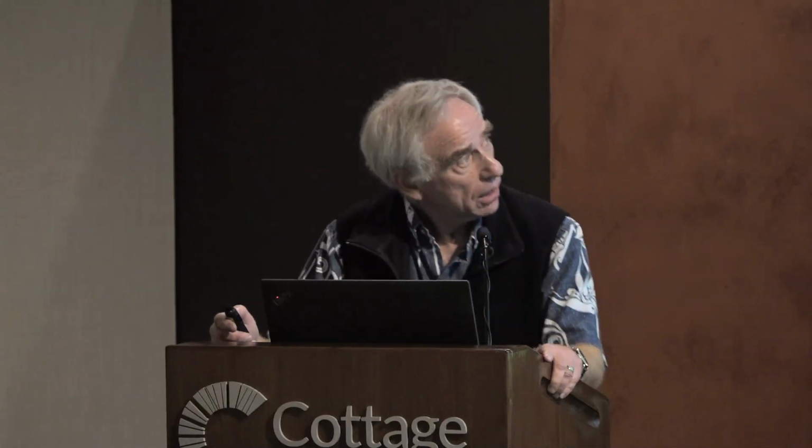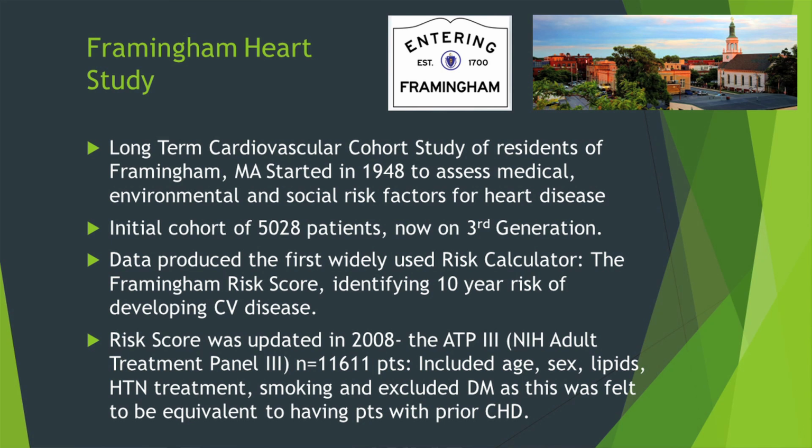So just really quickly, Framingham, you should probably all have heard of it. The Heart Study, I'm not going to go through this, but this was probably the first longitudinal study where they actually developed a lot of these risk factors for atherosclerotic vascular disease and did create a prediction tool. And that prediction tool was subsequently updated.